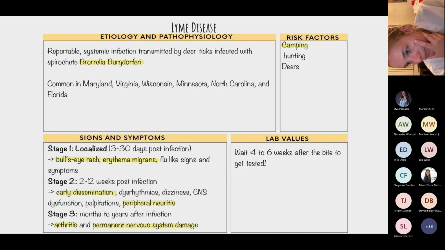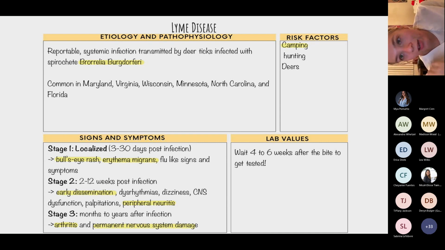Up next, we have Lyme disease, which can be classified as a bit of a connective tissue disorder, because when we get to severe stages of Lyme disease, we actually have really bad arthritis and whatnot. So we know that Lyme disease is usually acquired from camping, hunting, being outside, and you get a tick bite.